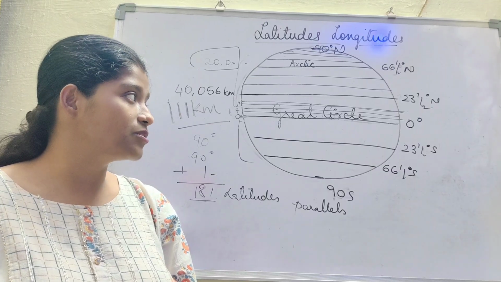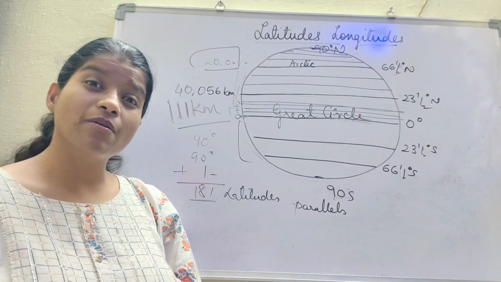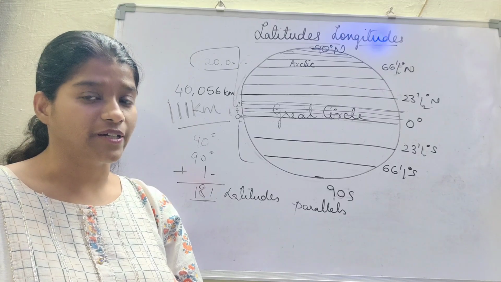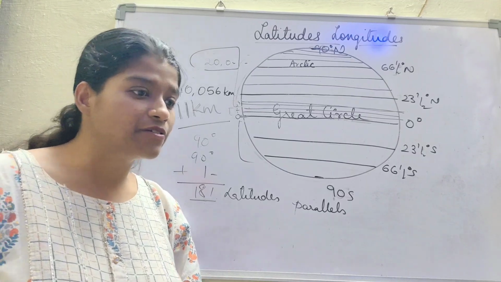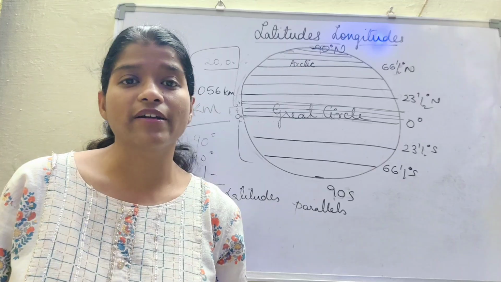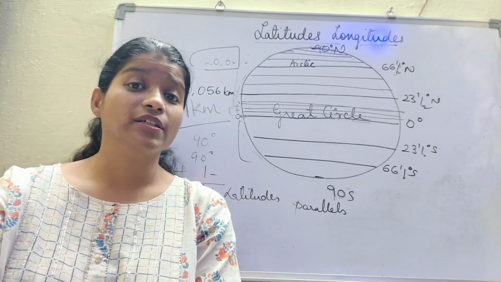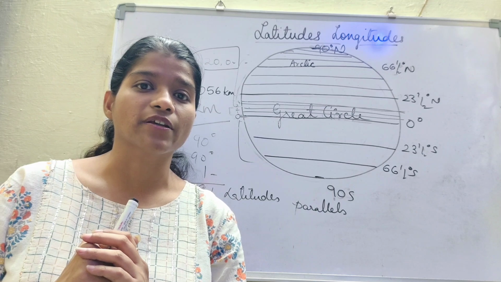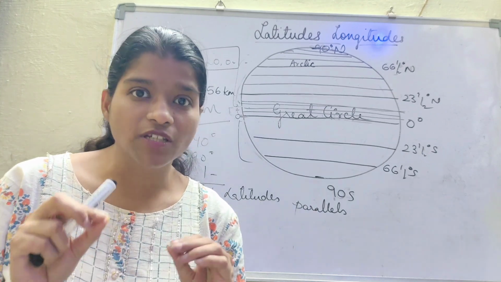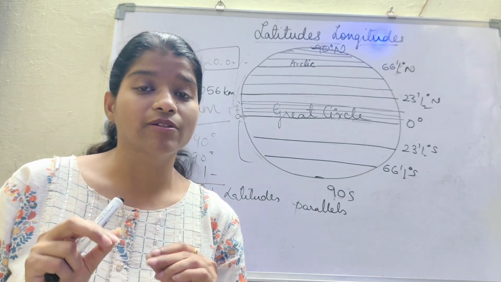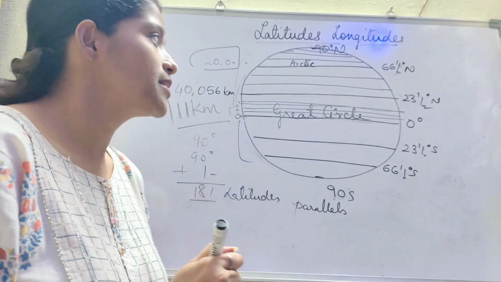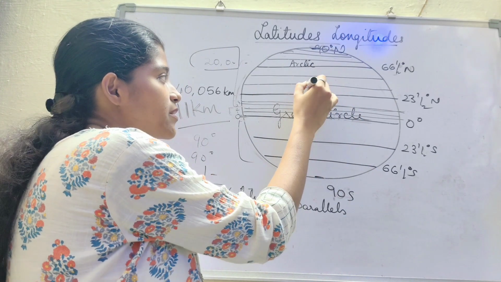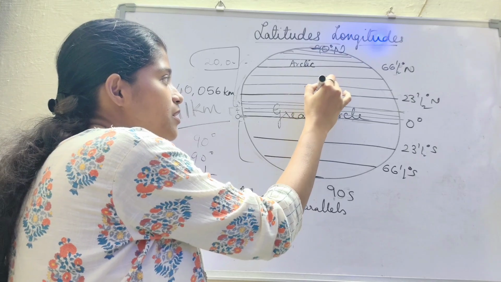Now we proceed on to the importance of latitudes. Why are latitudes so important? Now see, latitudes are important in order to find out the location of a place, whether a place is located in the northern hemisphere or in the southern hemisphere. Now this location of a place is called the angular location. Suppose Delhi is located in the northern hemisphere, north of the equator.